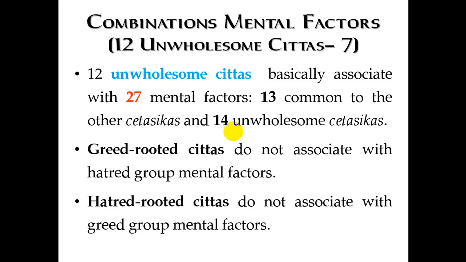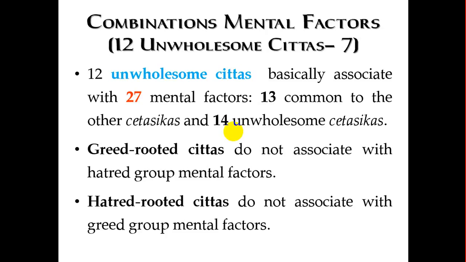At that time, there is no hatred group cheta, right? If you are full of motivation, no sloth and torpor. If you are full of energy, if you are too greedy, no sloth and torpor, like this. Then doubt, right?